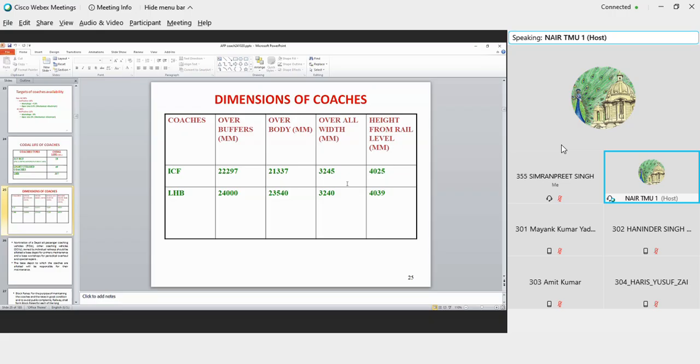Indian Railways runs 24-coach long trains. India is a very unique country, one of the few countries in the world which runs such long trains. ICF is around 22 meters in length, whereas an LHB is around 24 meters. It is a longer coach as compared to ICF.